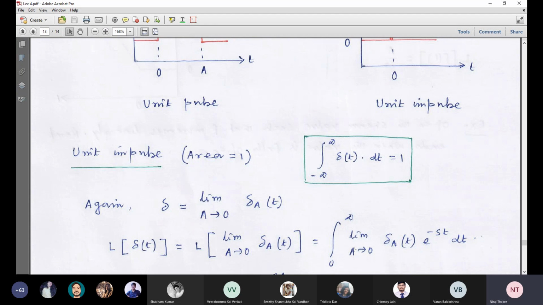Yeah, although I have shown what value you are getting finally: the Laplace transform of the Dirac function. Sir, 1. How you are getting this one? So take the limit at the final step, which is limit a tends to 0 of (1 minus e power minus as) by as. Then we can expand, or either use the L'Hopital rule to get the limit when a tends to 0.